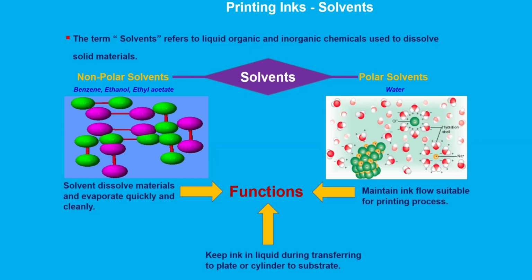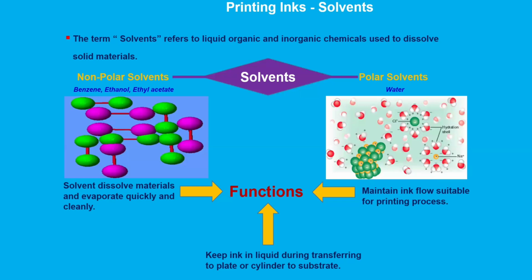Because solvents dissolve the materials and evaporate quickly and cleanly. If we are using solvent-based inks, when we apply the inks on the substrates, the solvents, which make up about 30 to 50%, evaporate from the surface of the paper or substrate, keeping behind the resins, binder, and pigment particles.